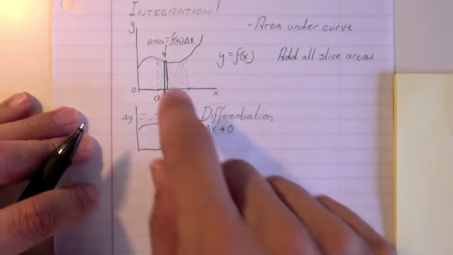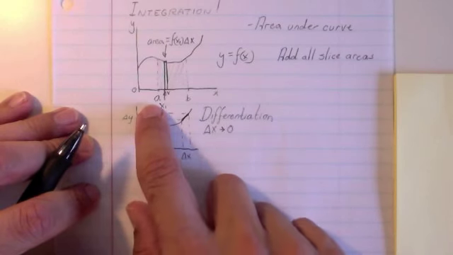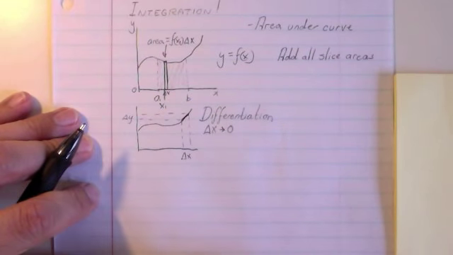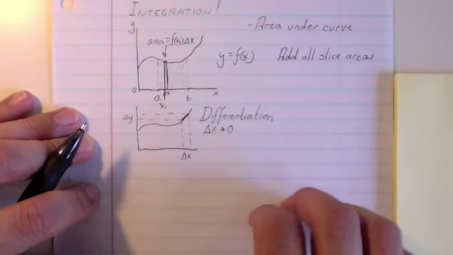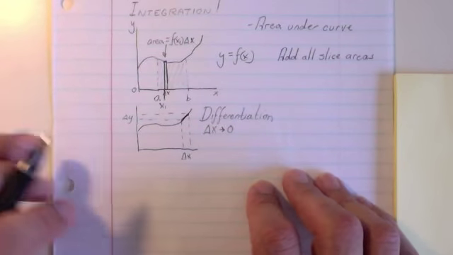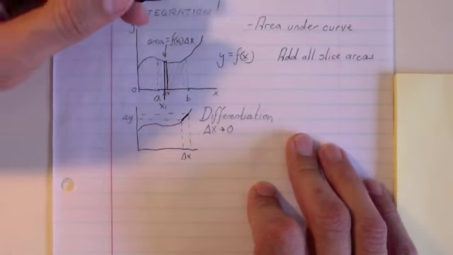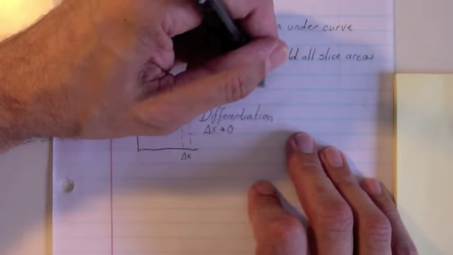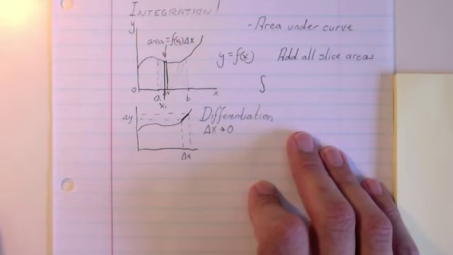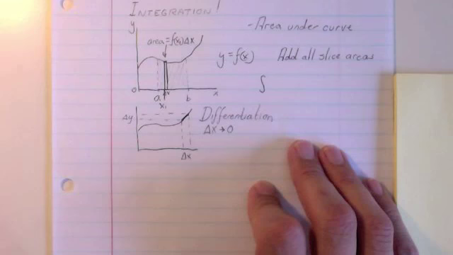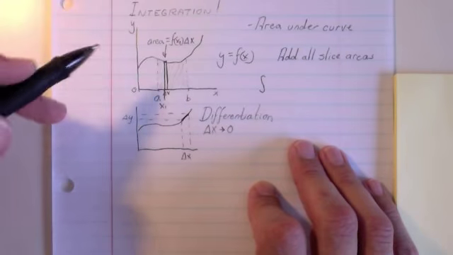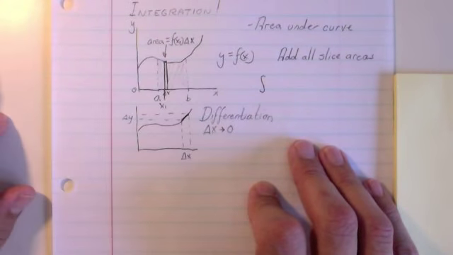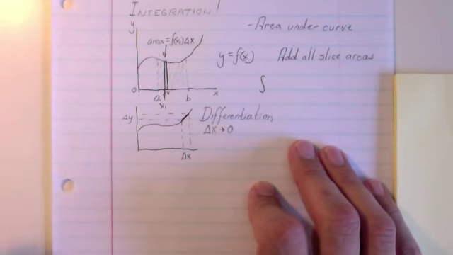Okay? So if we add up all those little slices between A and B, then we would have the area under the curve there. And the notation for this is that little curly Q there. Looks kind of like an S in a way, but it's just kind of crammed in there. And this is how you impress people, now that you're taking calculus and you start writing things with an integral sign, it puzzles your friends, and you look a lot smarter this way.